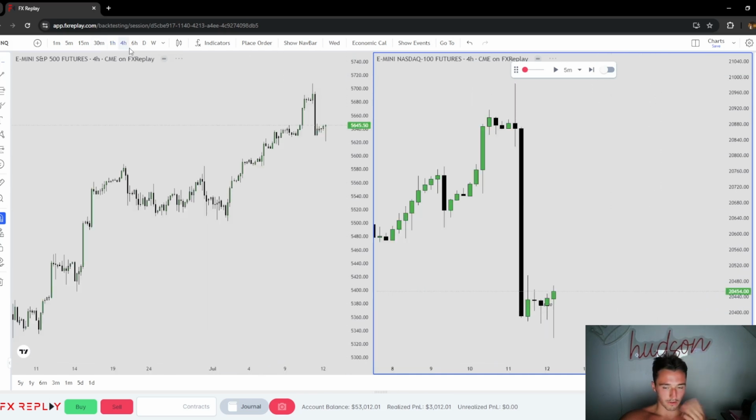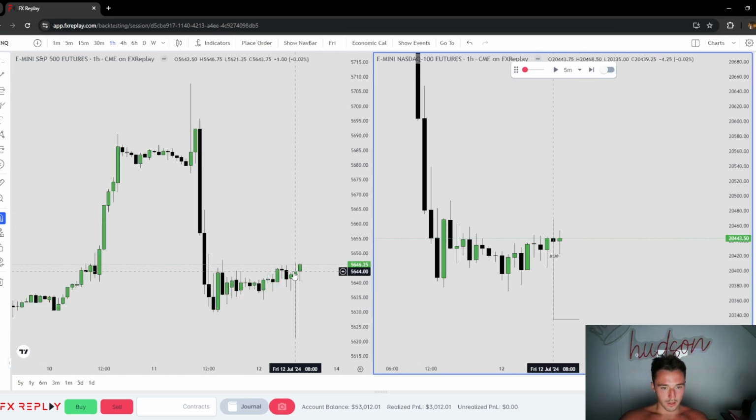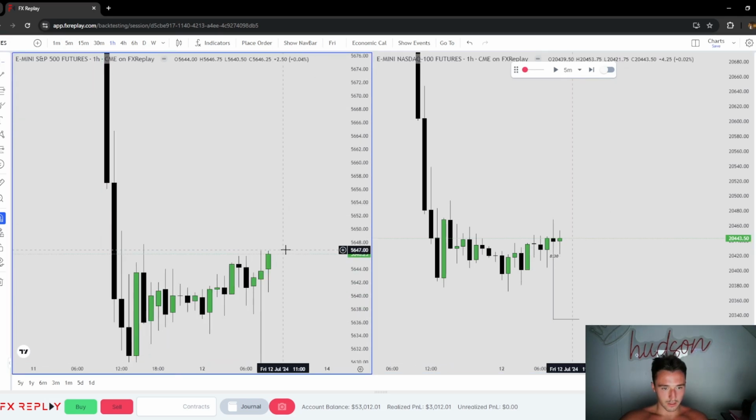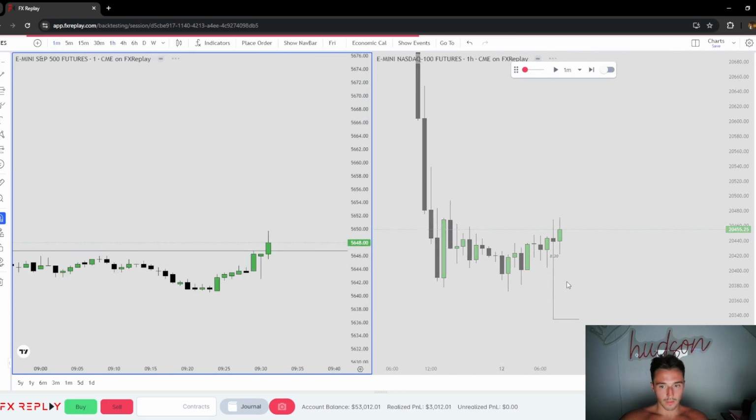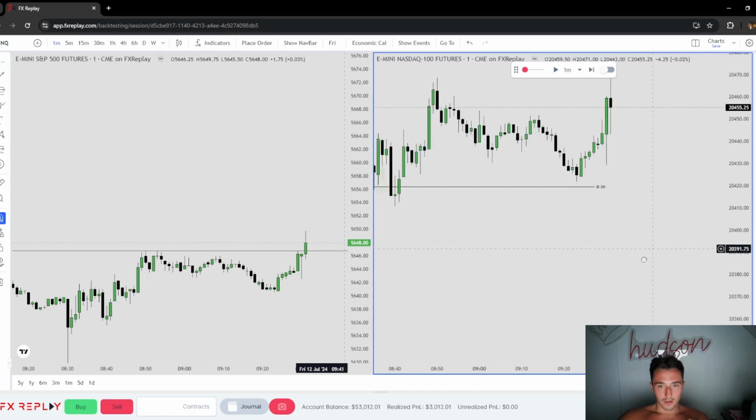I'd still favor lower though. Alright, this would be our news data low, so we could target that. Looks like we're about to form an SMT. Boom. Oh, no, there is no SMT though. Up here there is. Right, so we do have an SMT.